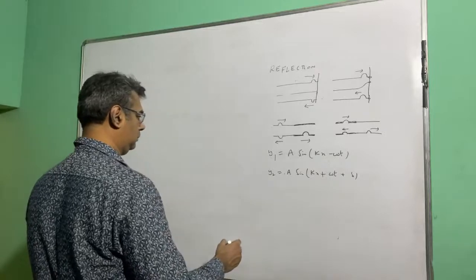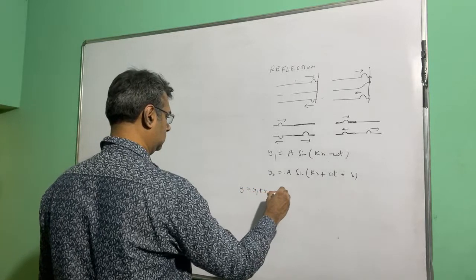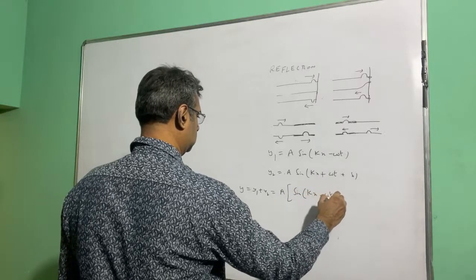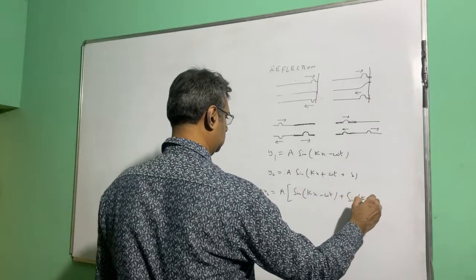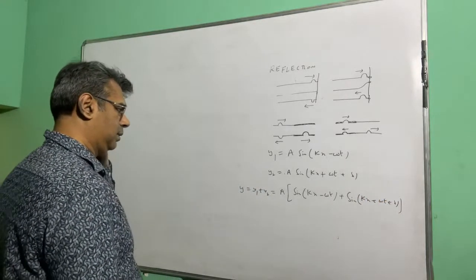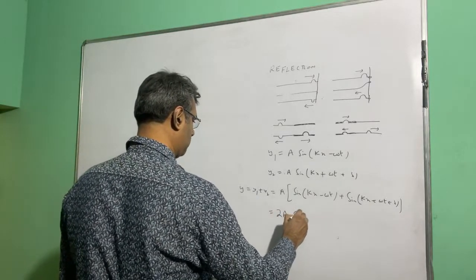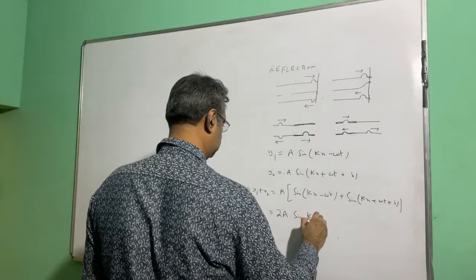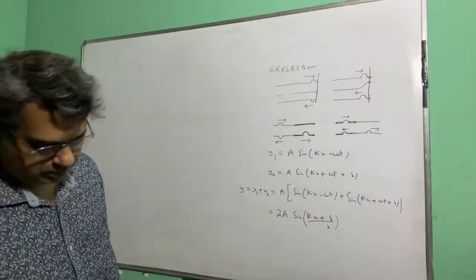So when these two interfere, it will be a into sine kx minus omega t plus sine kx plus omega t plus delta.